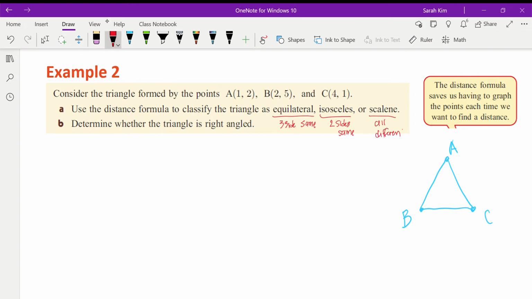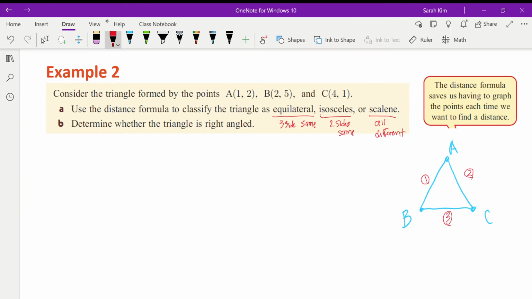So we basically have to figure out the length of the sides: length AB over here, length AC over here, and length BC over here. So we've got to figure out 3 lengths and see if they're all the same, only 2 of them are the same, or if they're all different.